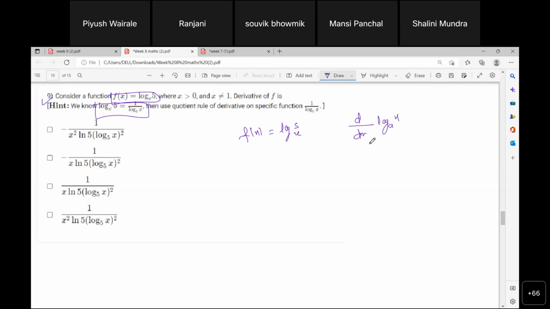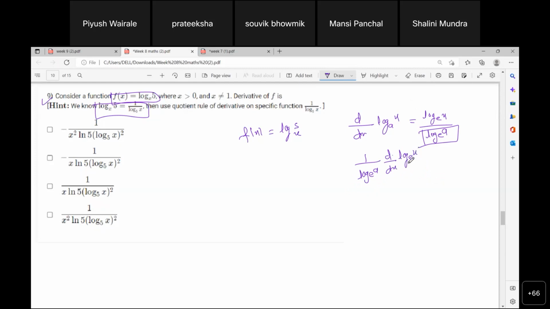So we have the standard derivative, that is log to the base e. Log to the base e of x, the derivative is 1 by x. So here, if you want to apply that, you can simply apply the base change formula: log e of x upon log e of a, right? Now this term is constant, and directly I can take the derivative of this particular function.